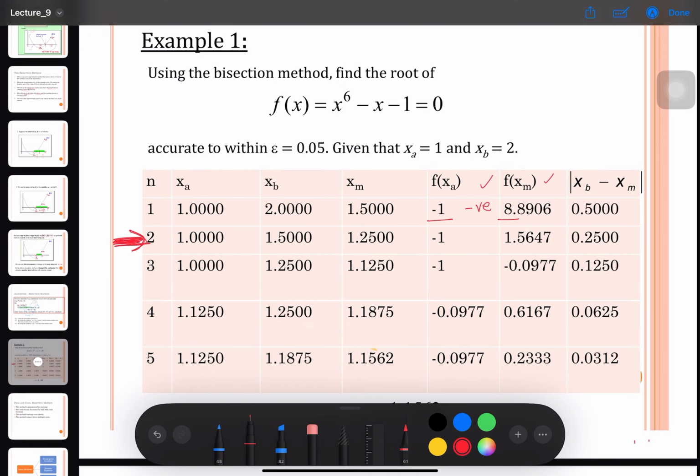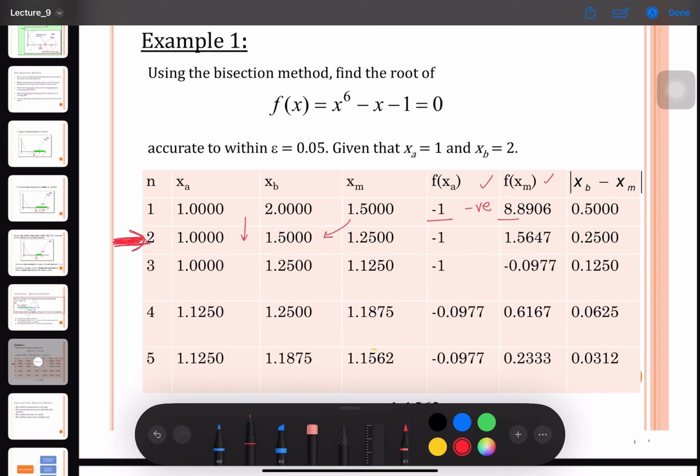So your b here will follow the m before. So basically, you copy the value of m into b. For xa, you keep the value. Okay, you get what I mean?